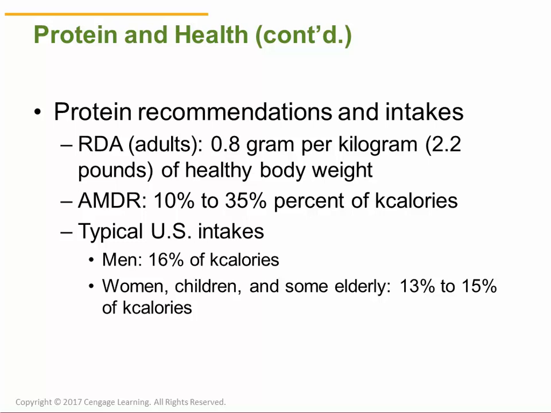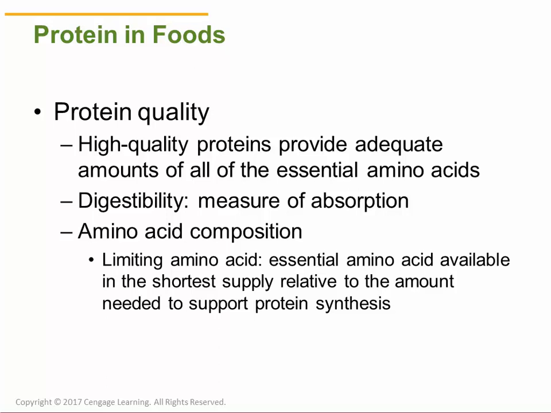Okay, protein quality is going to be very important as well. As far as the type of protein that we consume, it needs to be quality protein, meaning that it has a wide variety of the essential amino acids so that we can manufacture those amino acids that we don't have and so that we can manufacture the proteins that our bodies need.